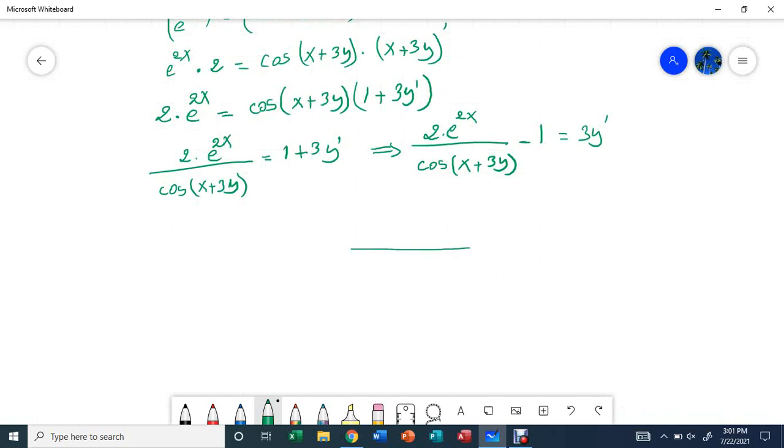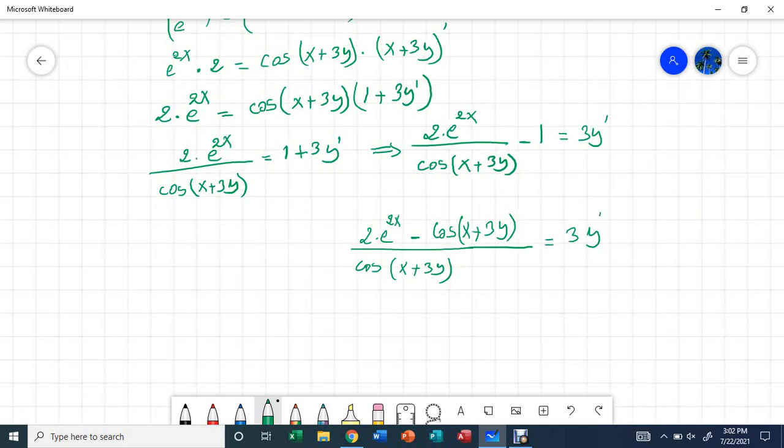So 2 times e power 2x minus cosine of x plus 3y equals 3y prime. Now if we divide both sides by 3, we are done.